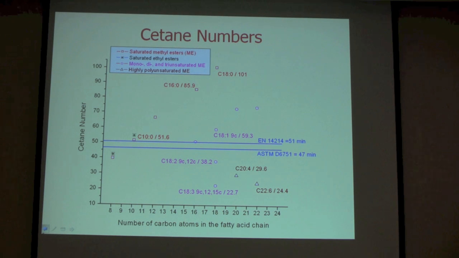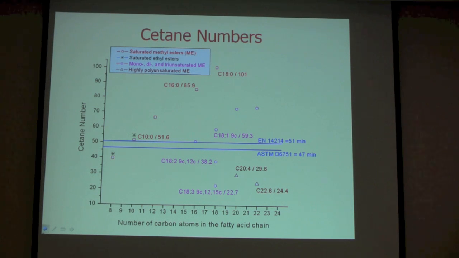So, if you look at cetane numbers of neat compounds, like the fatty esters that are in biodiesel, I hope everybody can read that. You'll find that saturated compounds like methyl palmitate up there, C16:0 and C18:0, have very high cetane numbers, and they are above the limits in the biodiesel standards, which are 47 and 51 in ASTM D6751 and EN 14214.